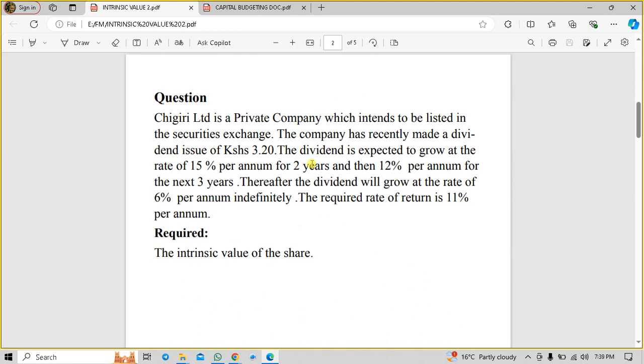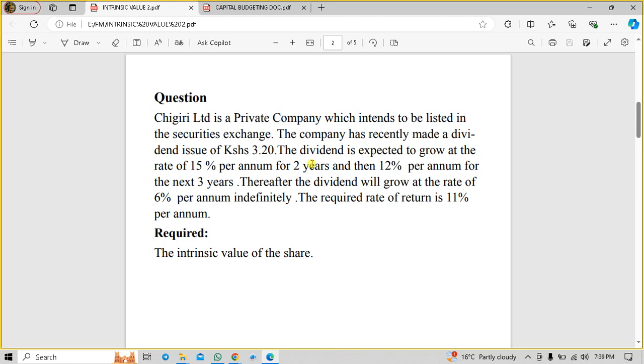Basically, in today's lesson, we are going to talk about shares. And in Kenya, we have companies that are listed in Nairobi Stock Exchange.